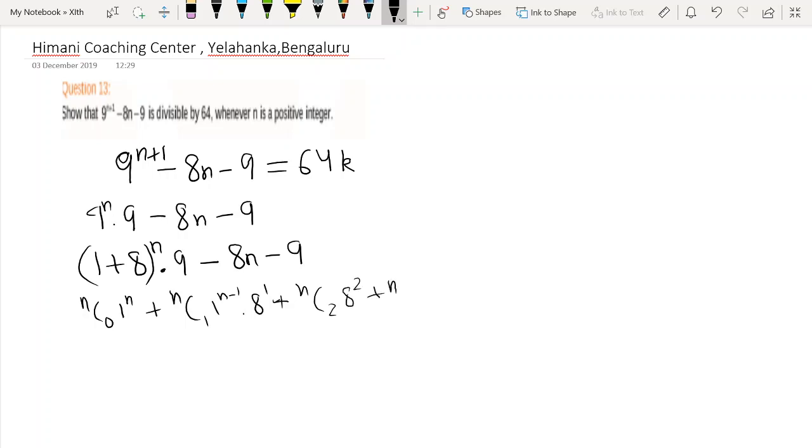Likewise you should get nC3 8 raised to power 3, and this continues till we get nCn 8 raised to power n. Now this whole thing is getting multiplied with 9, and then we have minus 8n minus 9.